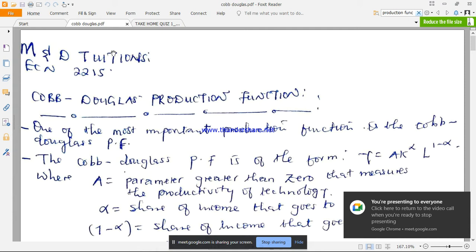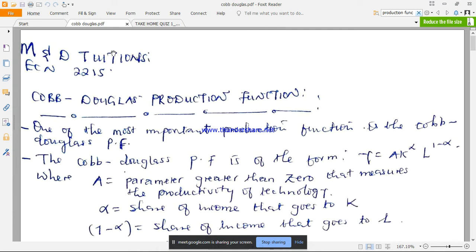We are saying that the Cobb-Douglas production function is one of the most important production functions in economics, and it is of this nature.